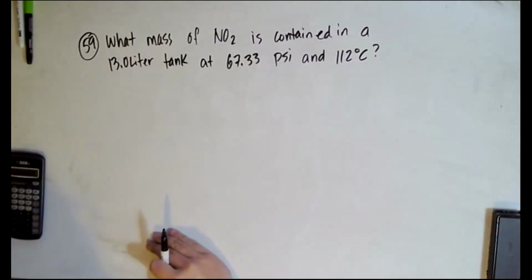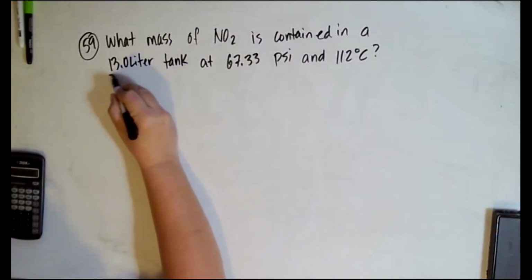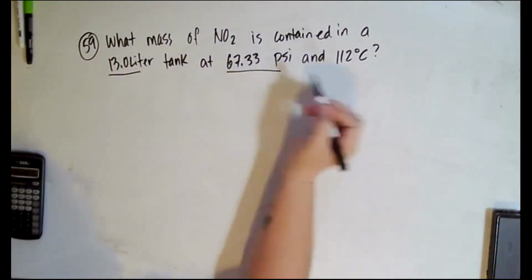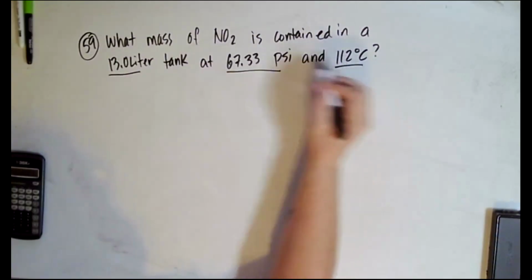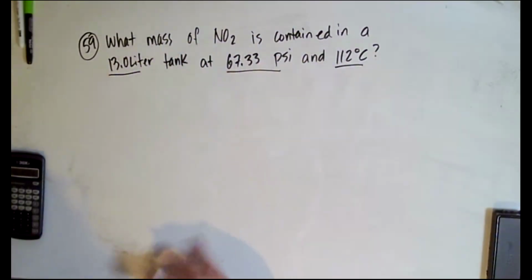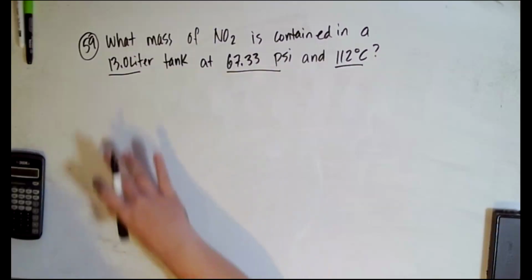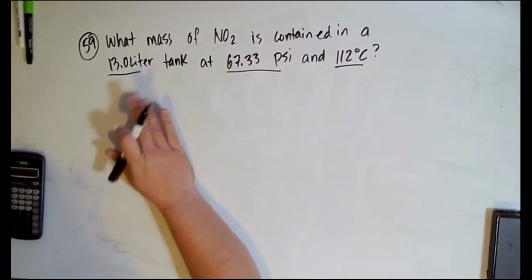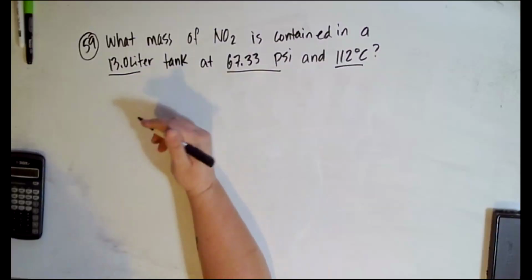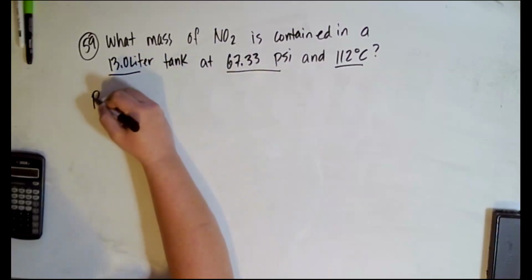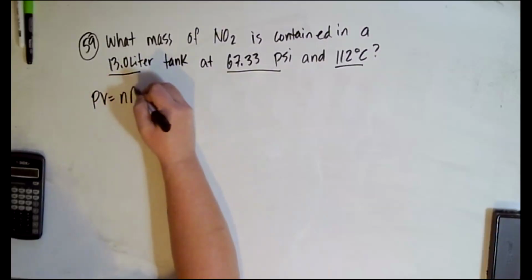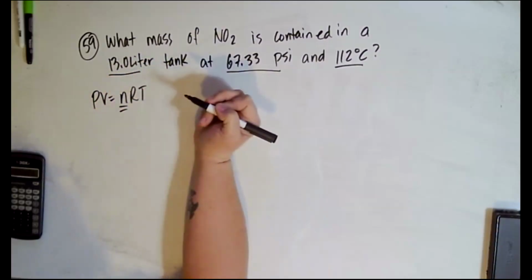Okay. So in this case, we're given a volume, we're given a pressure, and we're given a temperature, and they're asking us to find an amount, but that amount is in terms of grams rather than moles. So we can't find the gram amount directly from the ideal gas law. From our ideal gas law, we can find moles.